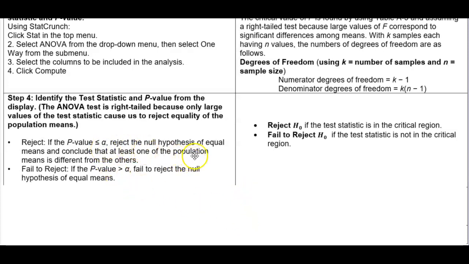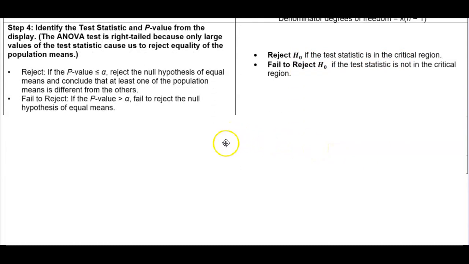So reject the null hypothesis of equal means and conclude that at least one of the population means is different from the others. You fail to reject the null if the p-value is greater than the significance level, and you fail to reject the null hypothesis of equal means. For the critical value method, we reject the null if the test statistic is in the critical region, and we fail to reject the null if the test statistic is not in the critical region.